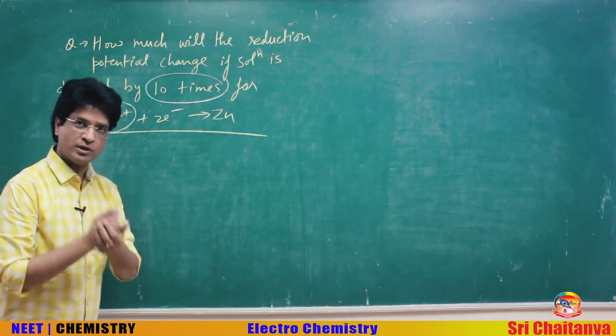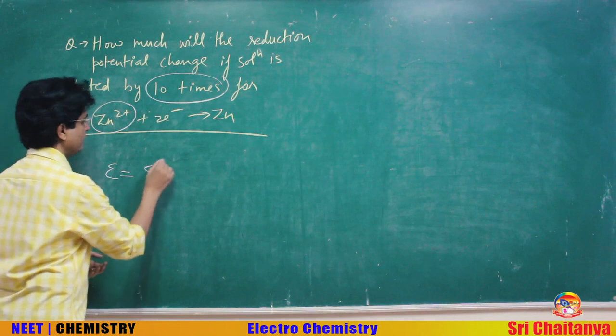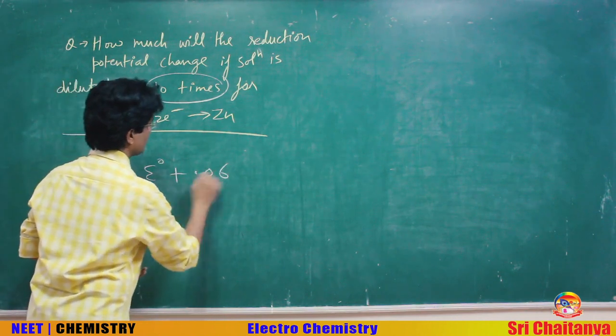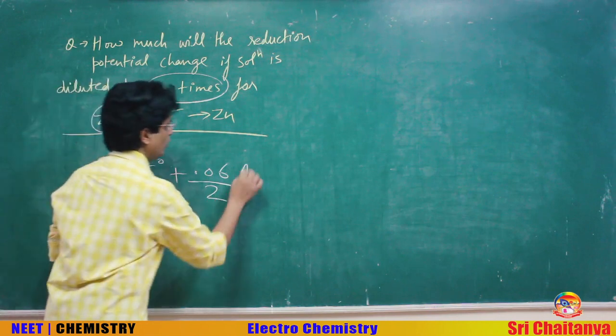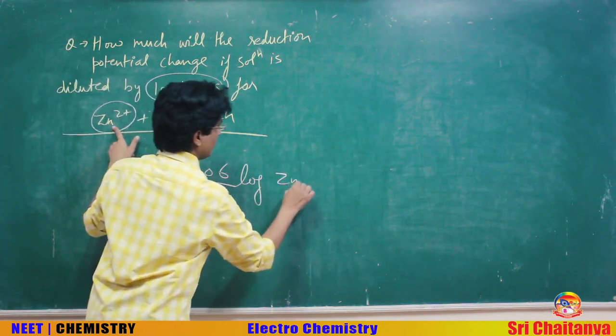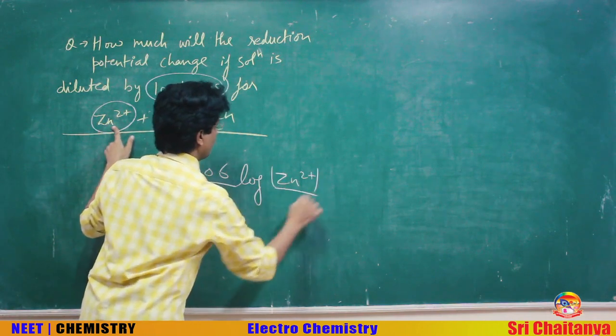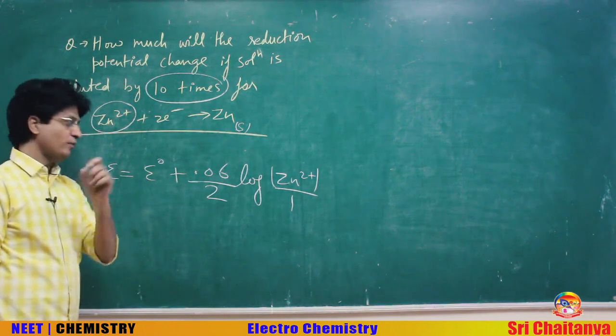For that we have to use Nernst equation, and Nernst equation says that E will be E naught plus 0.06 upon, for this cell N will be 2, log of zinc ion concentration reactant upon product, that will be 1, because solids have active mass of 1.